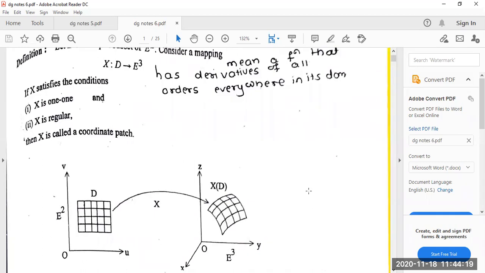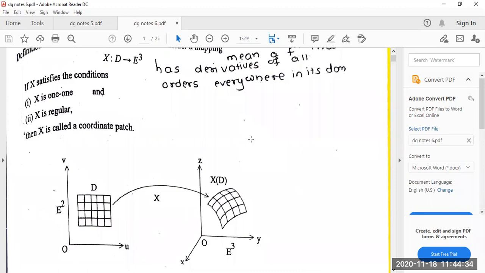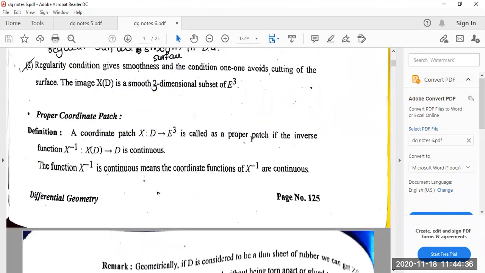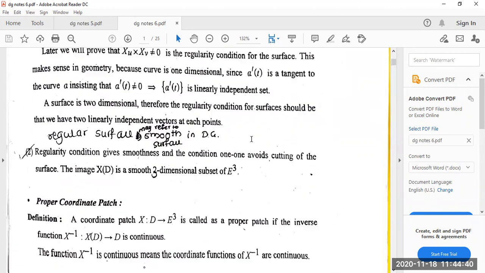Everything whatever we are discussing in differential geometry is restricted to our 3D space, or E3, Euclidean space. So this 1-1 condition ensures that it is onto, and hence we can say that an inverse function exists. Now we have to show that the inverse function, whatever is existing, should be continuous. Then we say that it is a proper patch.